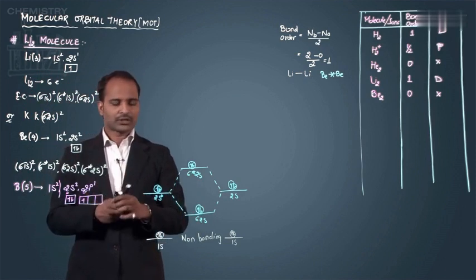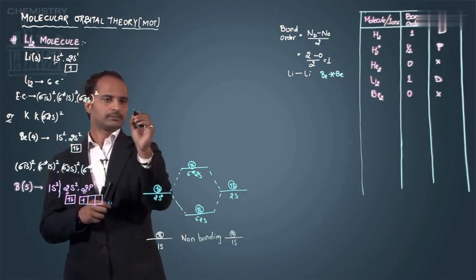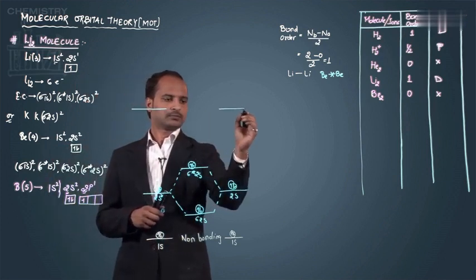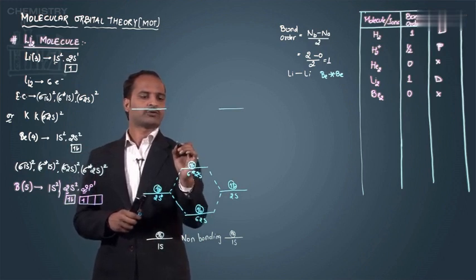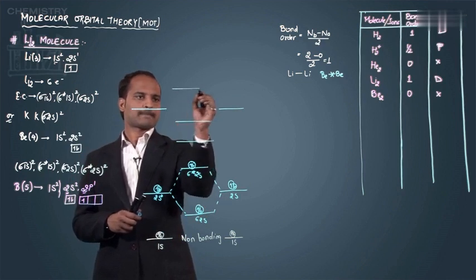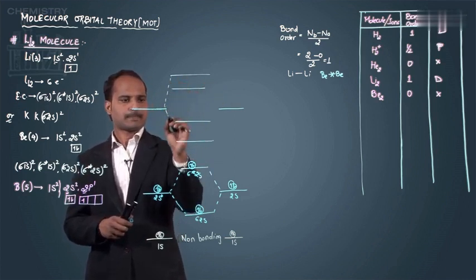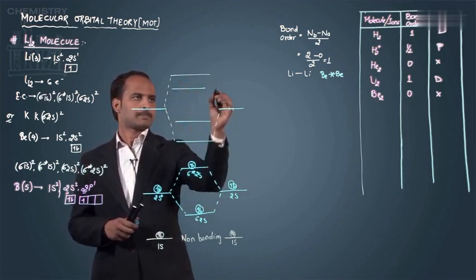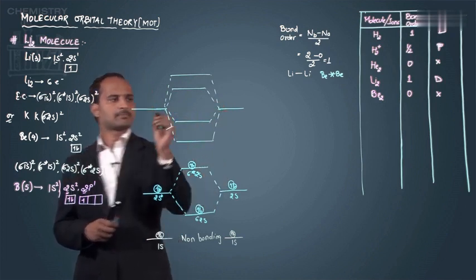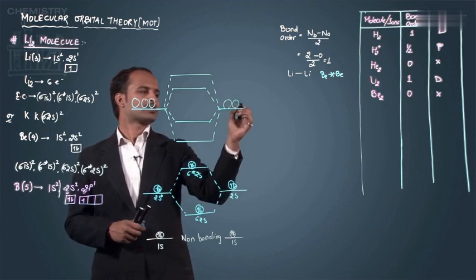So after 2s, now let us draw the energy level diagram for 2p. We have a total of 4 levels: 2px, 2py, 2pz, and the same thing here also, 2px, 2py, and 2pz.